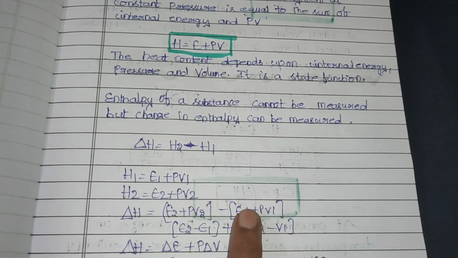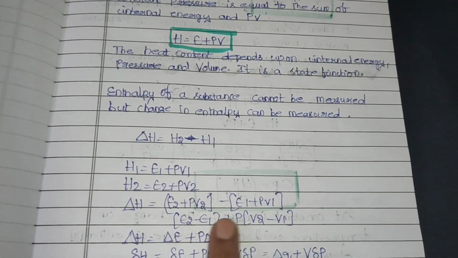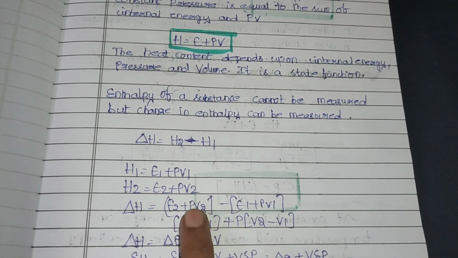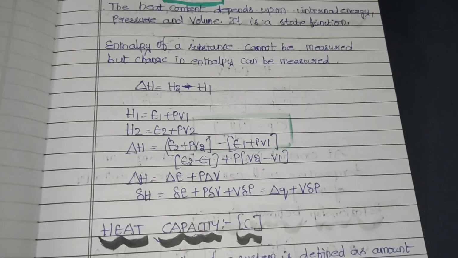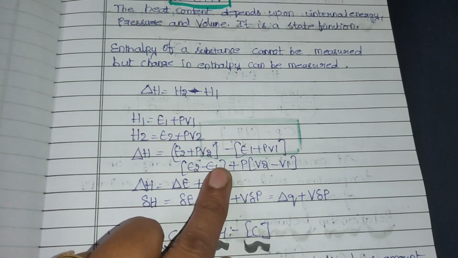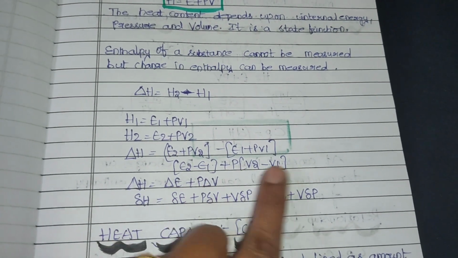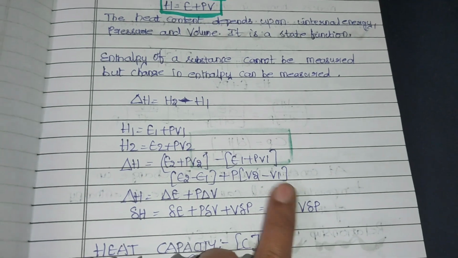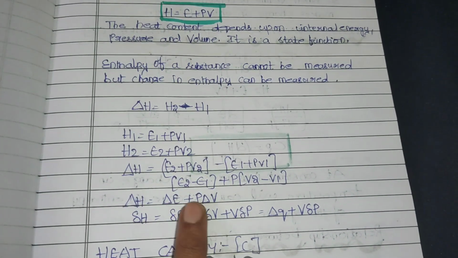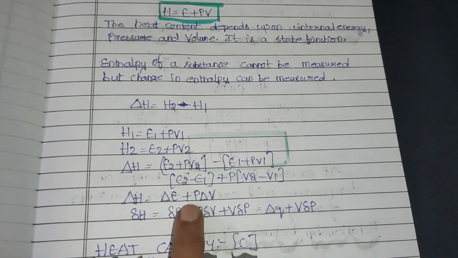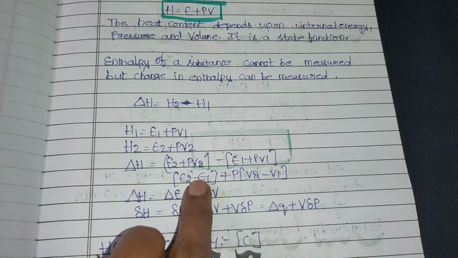We take the same variables on the same side: E2 minus E1 plus P common, V2 minus V1. So delta H is equal to, again, E2 minus E1 is the change in the internal energy, so delta E plus P times the change in volume, V2 minus V1, so P delta V. So delta H is equal to delta E plus P delta V, because pressure is constant here.